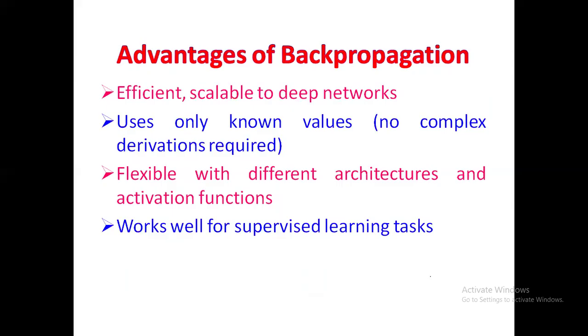So coming to the advantages of the backpropagation algorithm, backpropagation is computationally efficient. In the sense, how are we calling it efficient? It works well for training deep networks. It uses only known values, that is activations, weights and simple derivatives, without requiring complex mathematical derivations for each parameter.